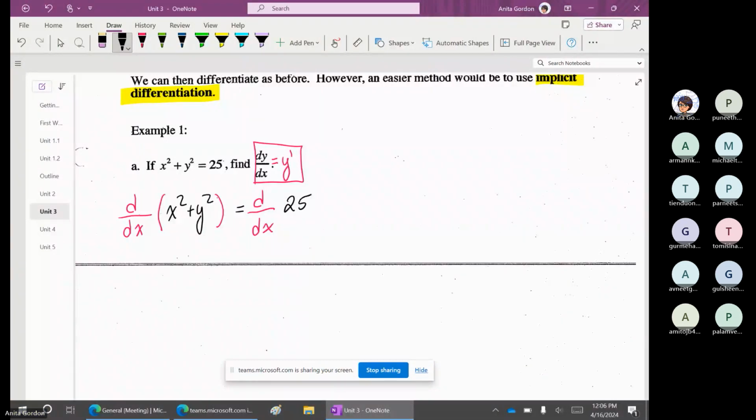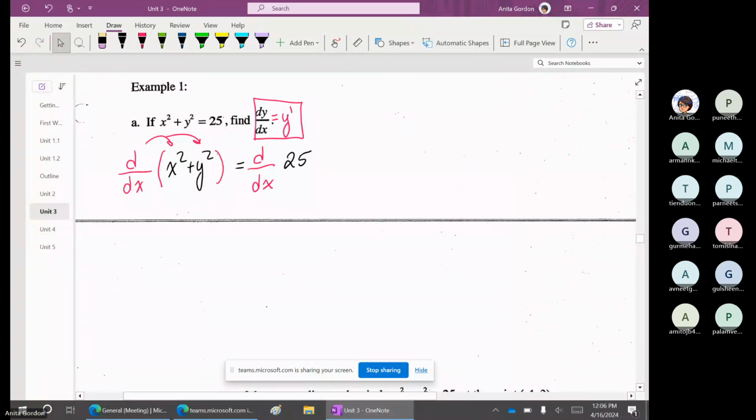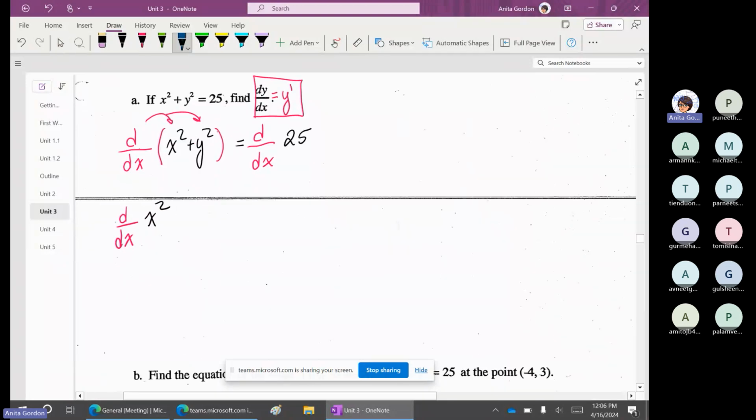Okay. So what we're going to do is take the derivative of each piece individually. D by dx of x squared, we know how to do that. That's pretty straightforward, right? That's just 2x. Then we do plus d by dx of y squared.